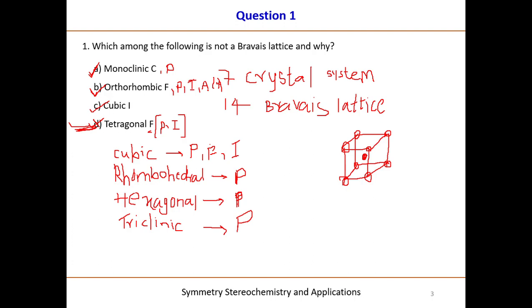And while talking about monoclinic, we have discussed that we have side center. This C is a side-centered unit cell and primitive unit cell.